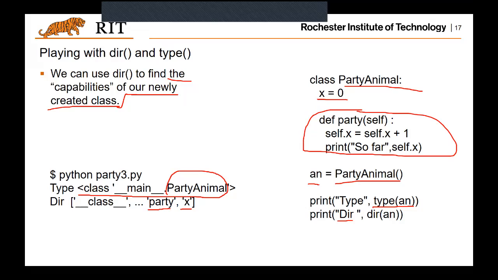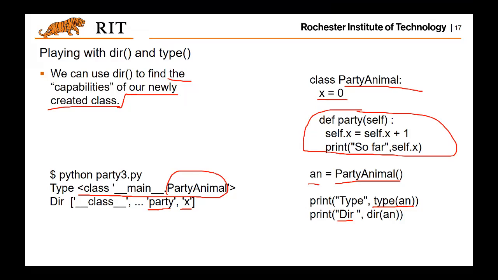So that's how the dir and type functions work, not only with the built-in class types, but also the self-defined class types, which will help you especially when you are reading some code which is not written by you, right? You might need to see what's going on with that class, and how you could utilize it using the dir and type functions.